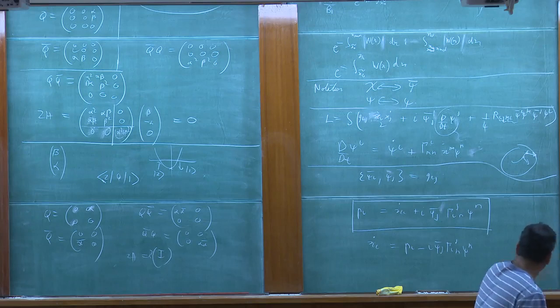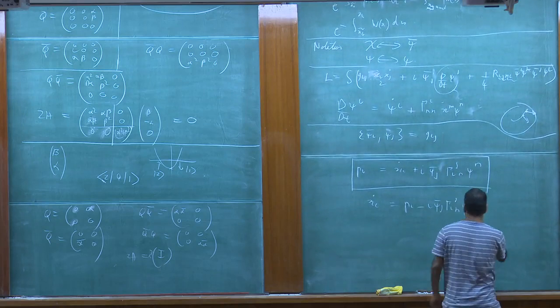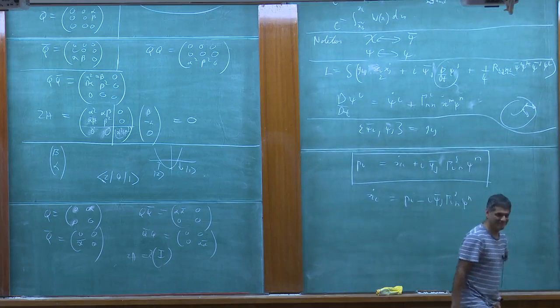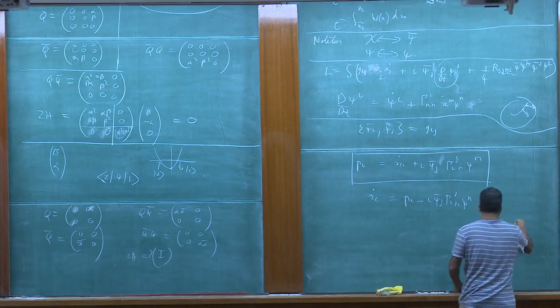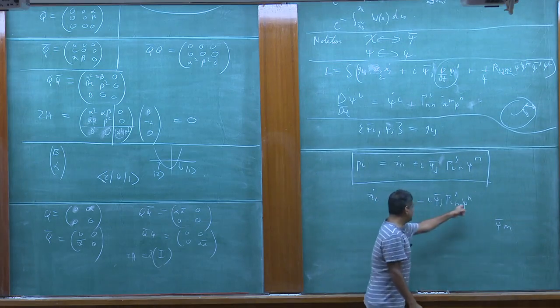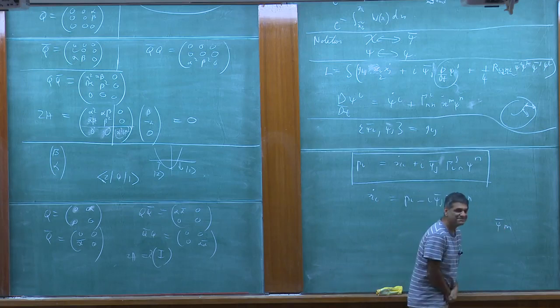Now, what does this guy do? Suppose we had, let's say to start with, a 1-form. Okay, so we had a psi bar_m. This guy will annihilate this and replace it by this.